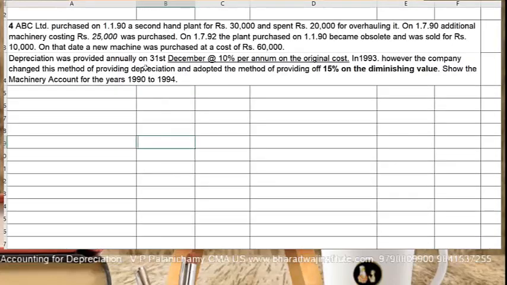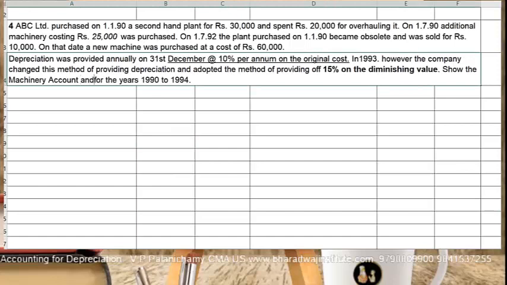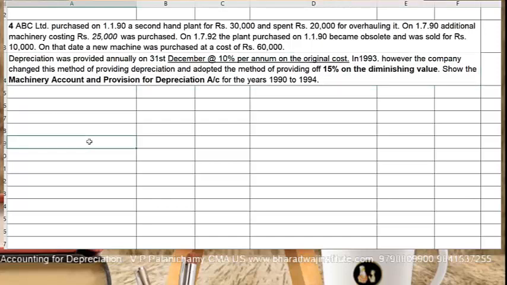Now what I am requesting is, for the fourth question, try machinery account and the provision for depreciation account. Okay, try to work out. You can verify answer by yourself.